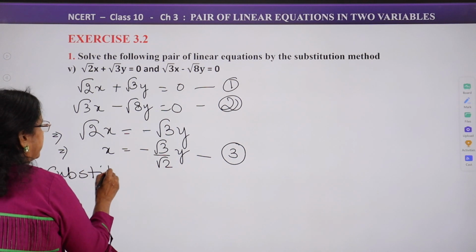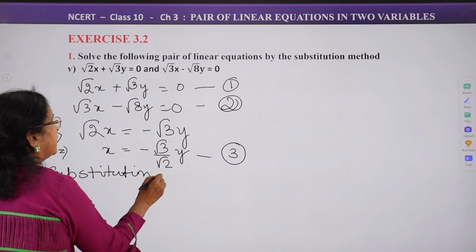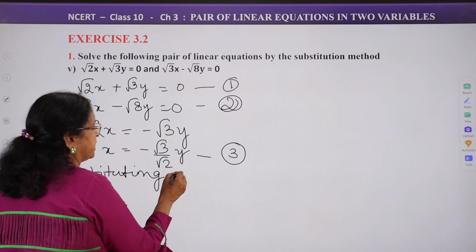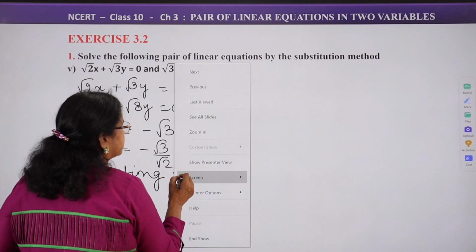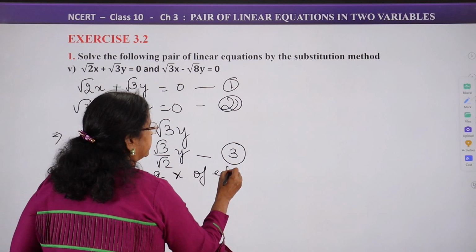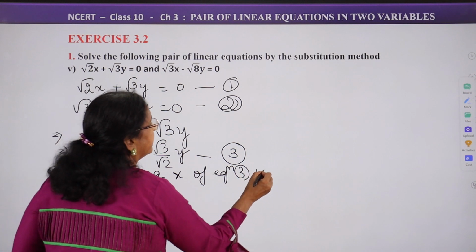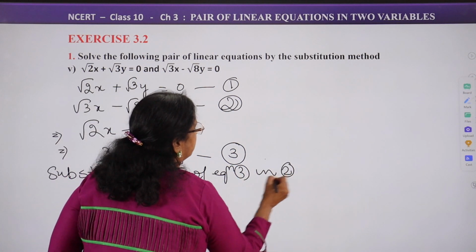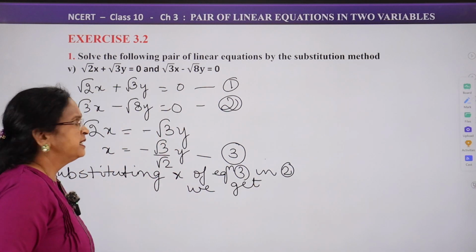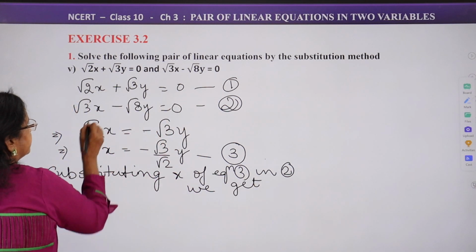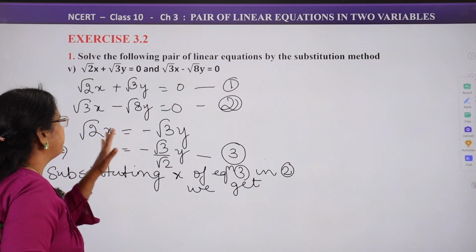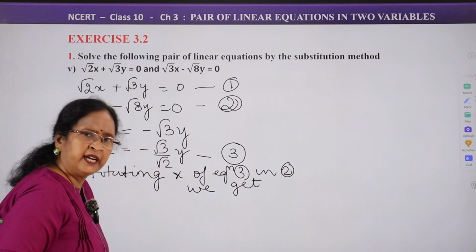Substituting, because we are asked to do particularly by substitution method. Substituting x of equation 3 in 2, we get, now what do we get? Root 3, and I will write the value of x given in equation 3.